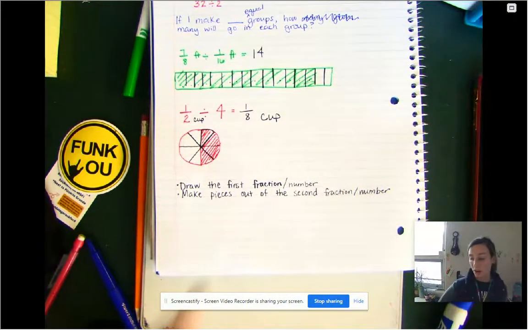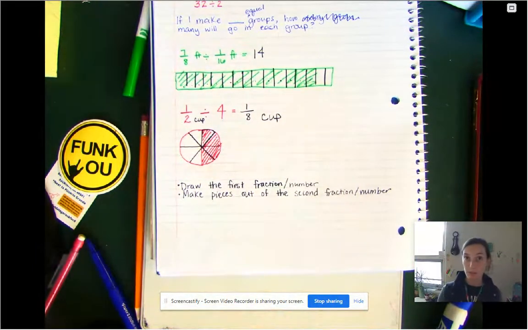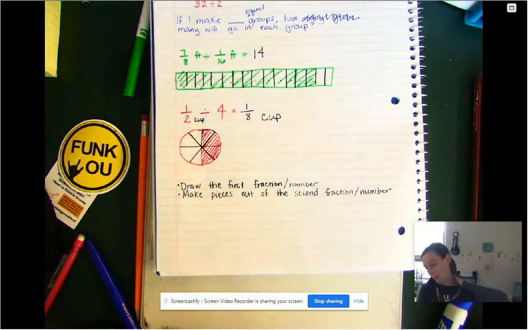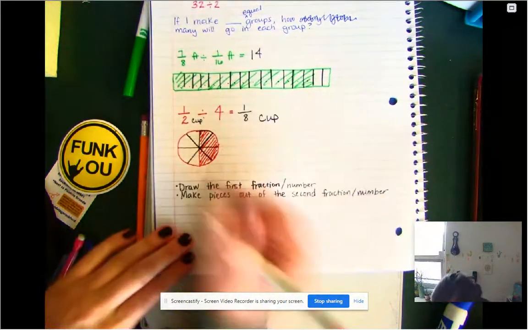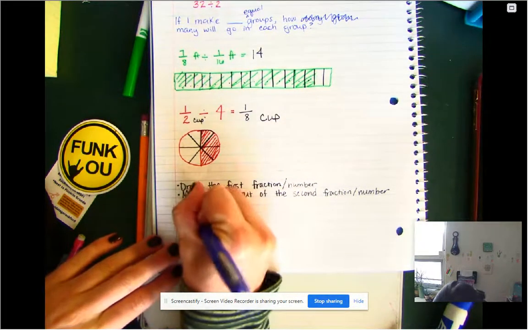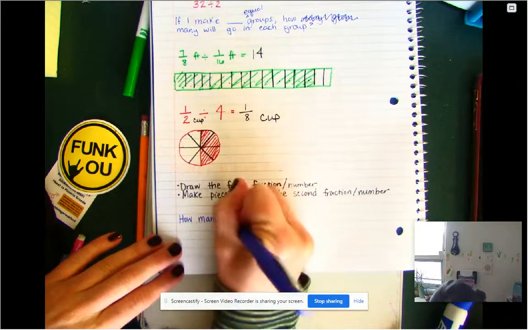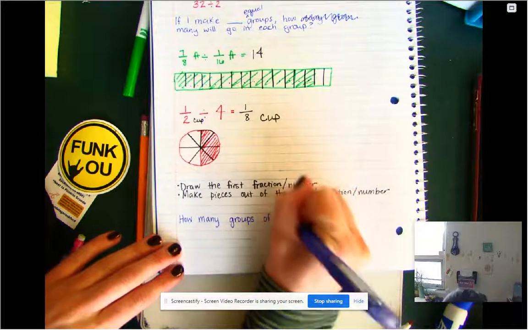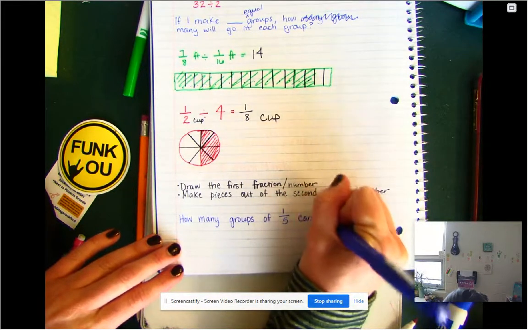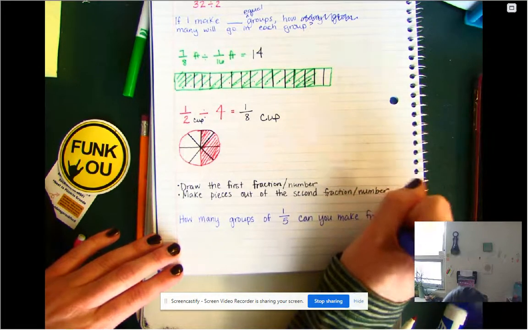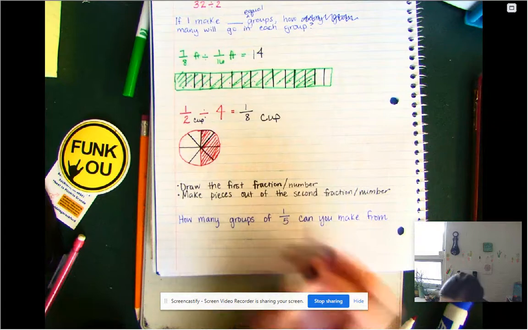I'm going to give you a problem to draw on the space down here, and that will be something I'm looking for when I check your notes today. So let's say, how many groups of 1/5 can you make from 2?